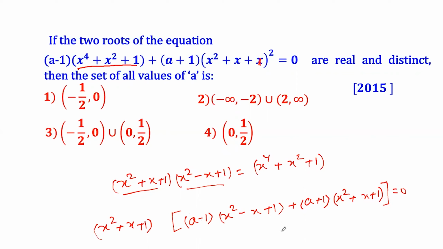While solving these two, the coefficient of x square will be 2a, and so on, right? So what we are getting after solving this is 2 into ax square plus x plus a is equal to 0, right? 2 is not equal to 0. So this must be equal to 0.